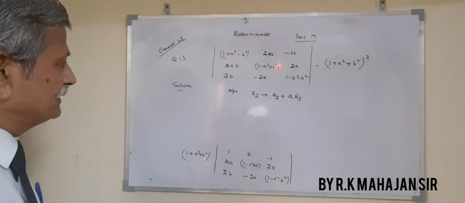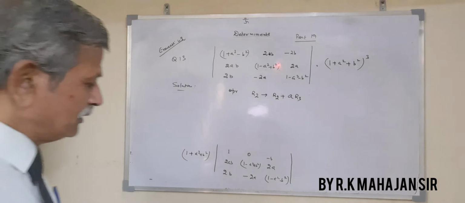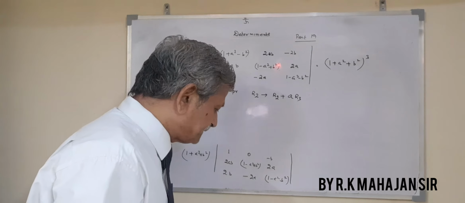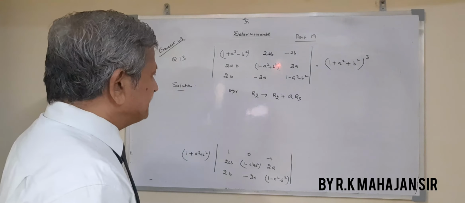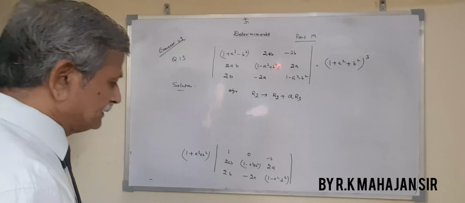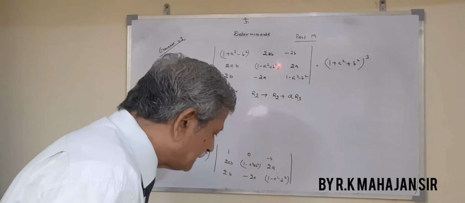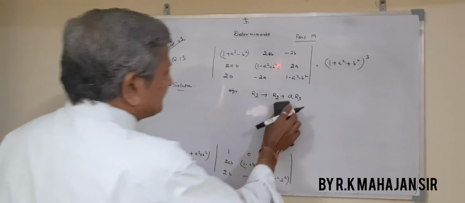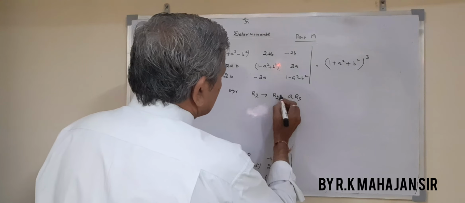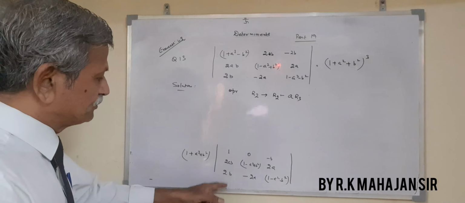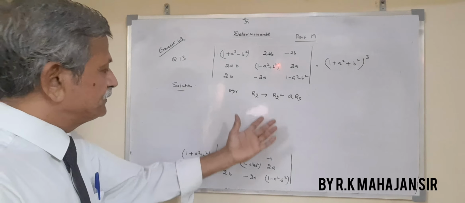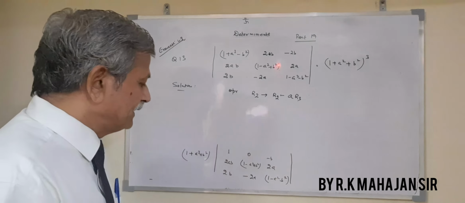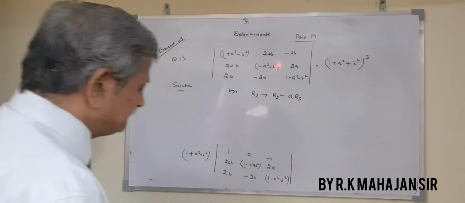Now see, R2 row, a times of R3. Now if I take this one, I'll take it with a minus sign because I just want to remove this one. So in this way R2 becomes R2 minus a times R3.